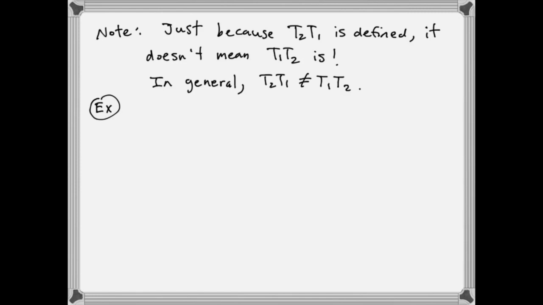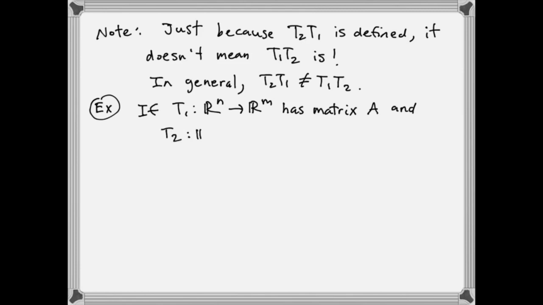So suppose, or let me just say, if T1, which goes from Rn to Rm, has matrix A, and T2 from Rm to Rp has matrix B, can you compose T2 with T1?